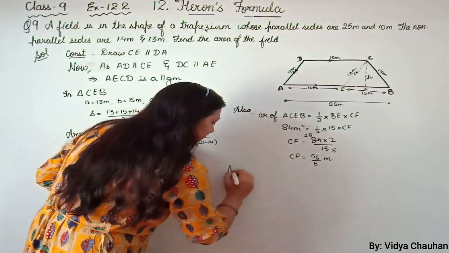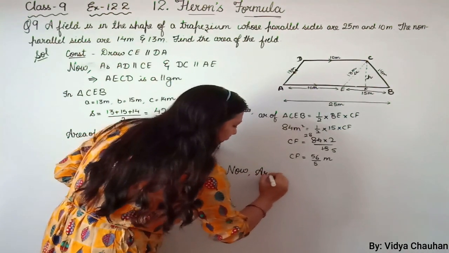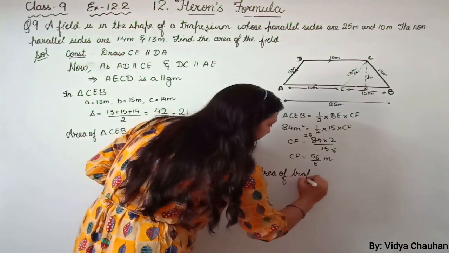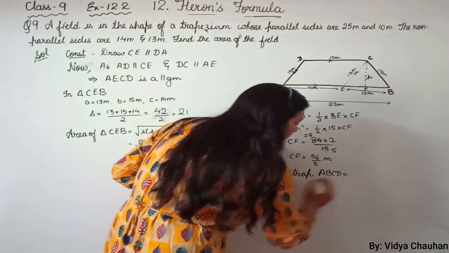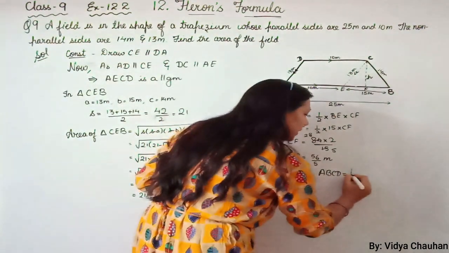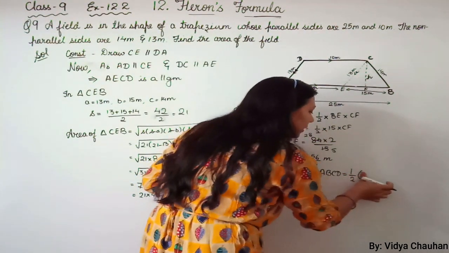So now at the last put the formula for area of trapezium. So now area of trapezium ABCD is equal to half the sum of parallel sides. What are the parallel sides?